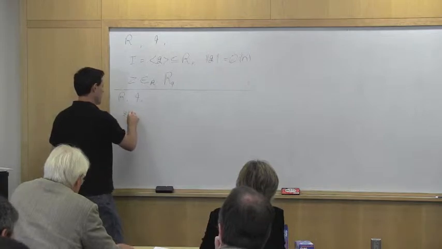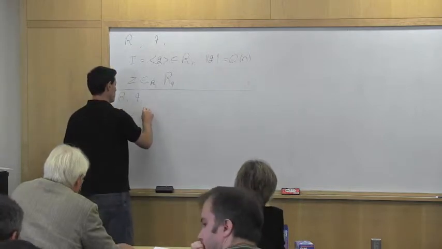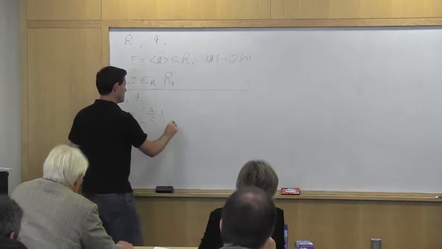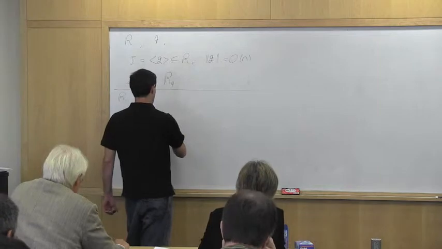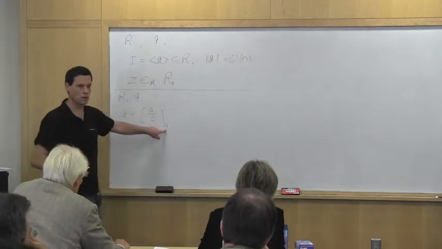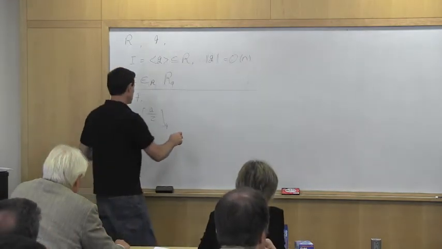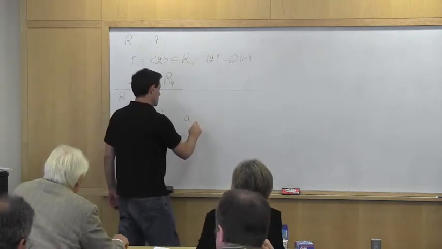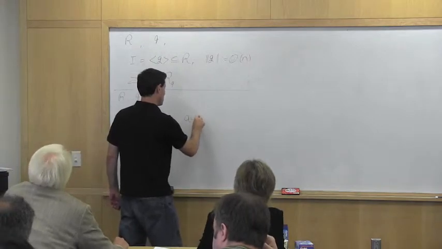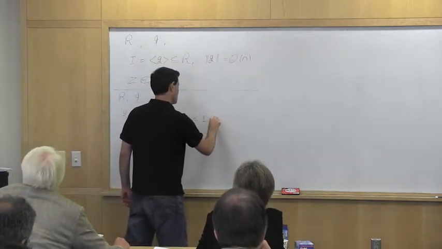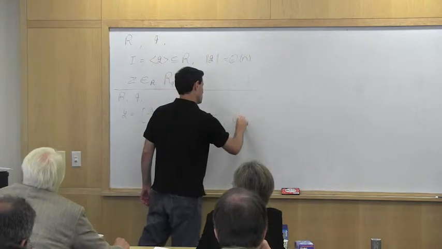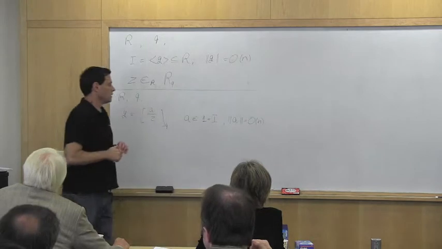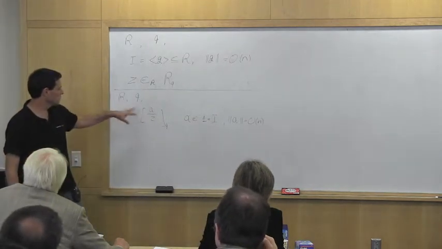So we had this y, which was of the form a over z, where a is chosen at random as a small element.